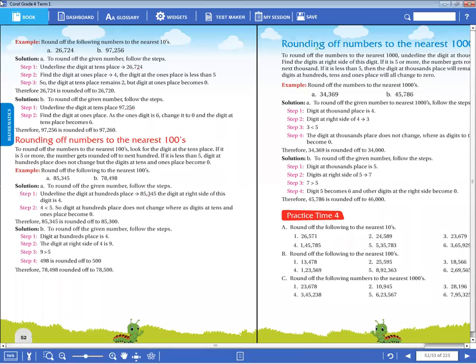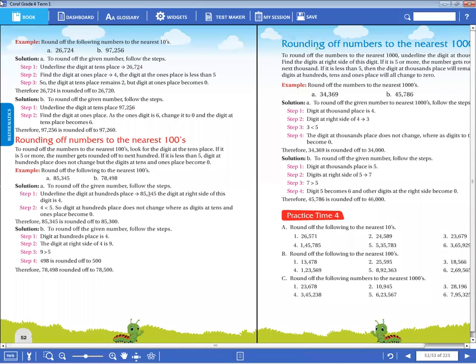Very good. No, you don't have to change into the hundreds place. You have to change into the tens place. Have you cleared? Did you understand what I said? Now, what is the answer for that?